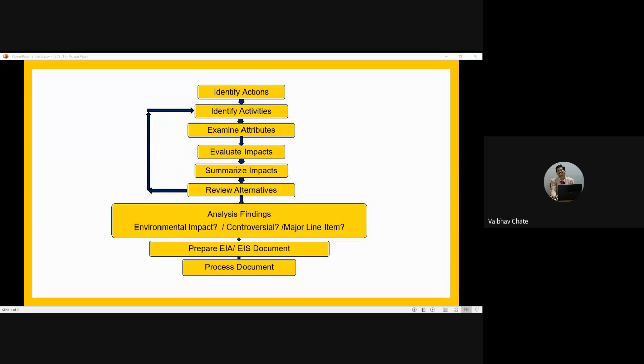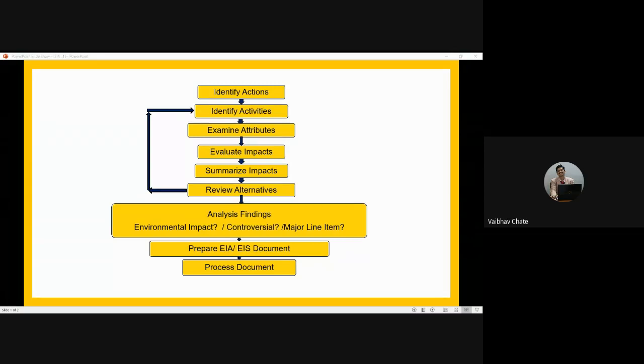What is EIS? The environmental impact statement is documentation of environmental analysis, but it is prepared, as stated by the Department of Environment, for projects which are going to cause significant environmental impact, or which might be environmentally controversial.